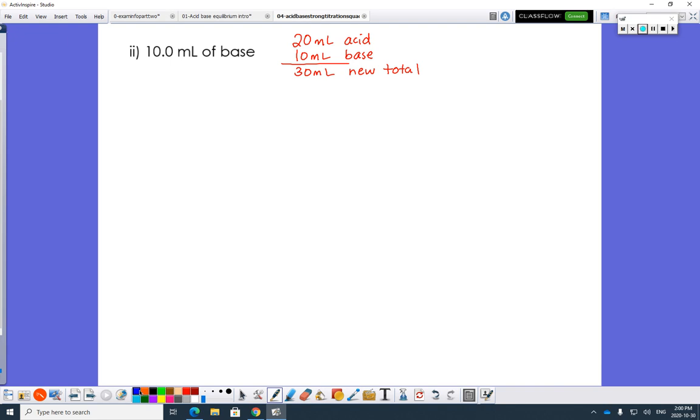No. So what we need to do is change the concentration, using whatever volume we're given, into moles, and then we can start comparing things. So you have to figure out how many moles you have, how many moles are added. In this case, we start with acid and add base to it, and then we can figure out how much is left over, or sometimes that's called unreacted, because the stuff that's left over, unreacted, is going to influence the pH.